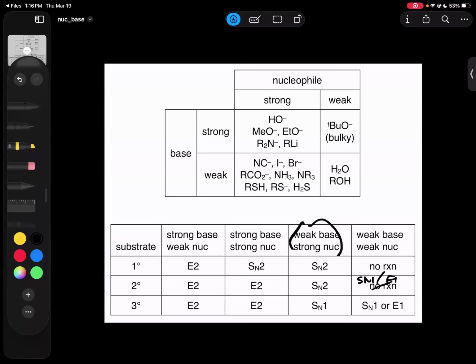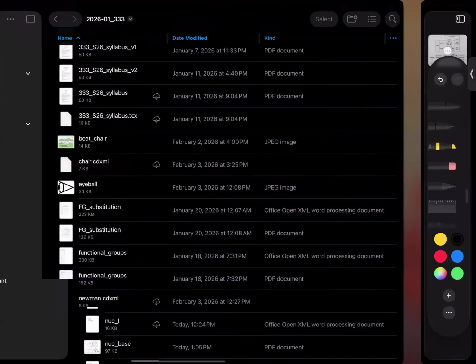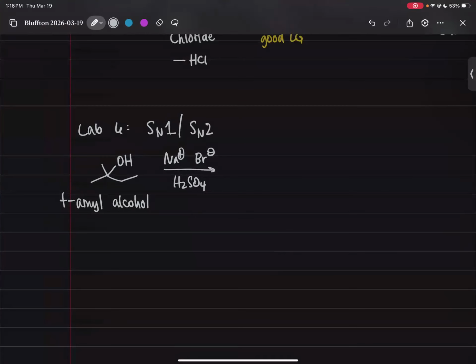Substrate: primary, secondary, or tertiary? Tertiary. So this is a tertiary alcohol. In fact, that's where the tert-amyl comes from, tertiary amyl alcohol. So SN1, right?